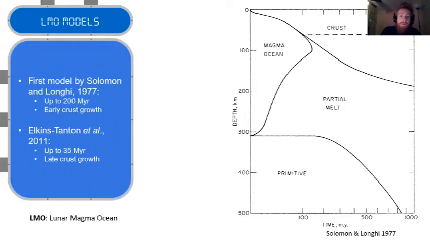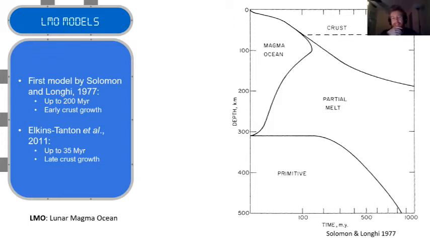Here I briefly review two of the most important and most influential models for the lunar magma ocean crystallization. The first one, which really set an important milestone, was from Solomon and Longhi, 1977, where they simulated the crystallization of a fairly shallow magma ocean.